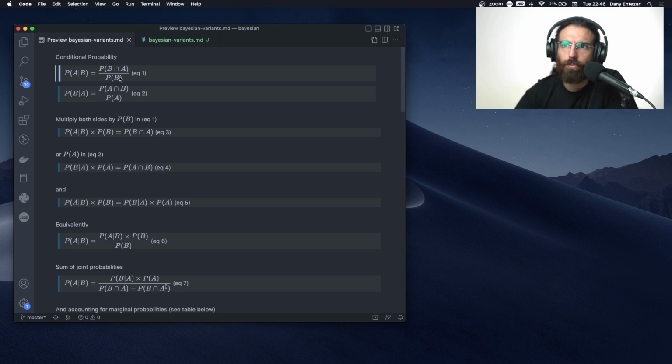But let's talk about equation 1. If we take probability of B and multiply both sides, probability of B will be cancelled out from the denominator and it will appear here on the left. So we would get this equation. As you can see, probability of B has moved from the denominator over here to the left.